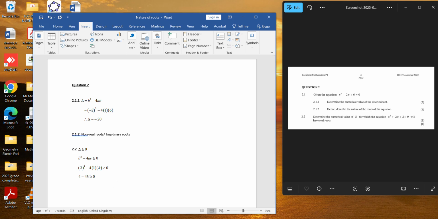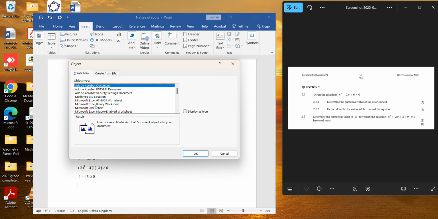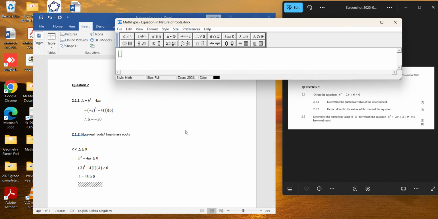Then remember, the value of k that we are looking for should be a positive k. Now, since we are having a negative 4k here, we are going to transpose this negative 4k to this side, so that 4k becomes positive. Meaning that on the left-hand side of the equation, we'll be left with a positive 4. Then that is going to give us 4 greater than or equal to positive 4k.